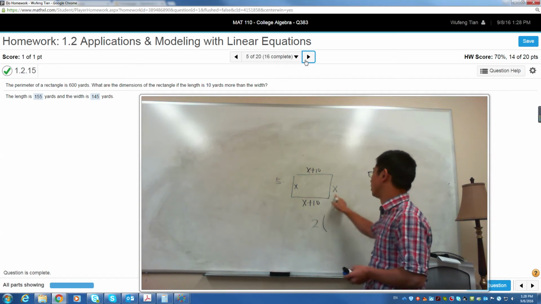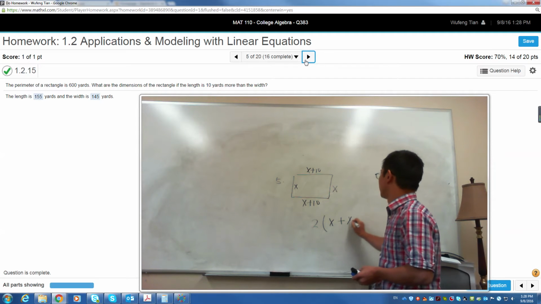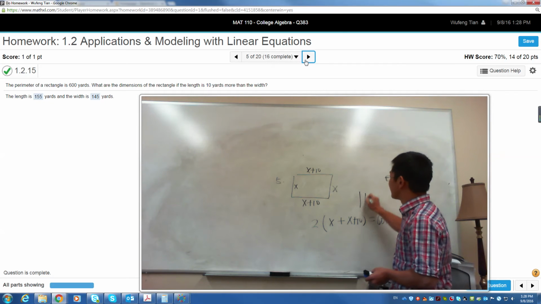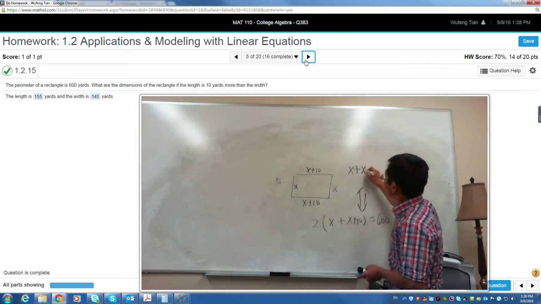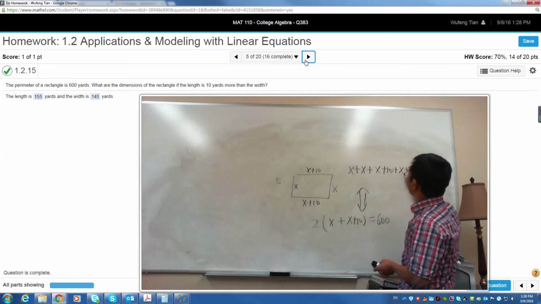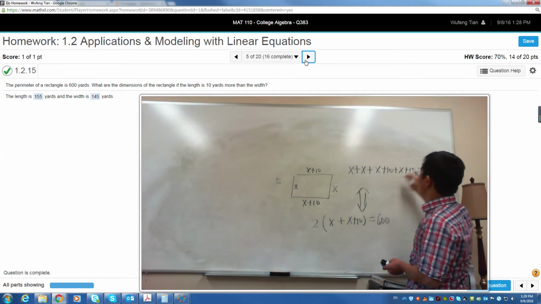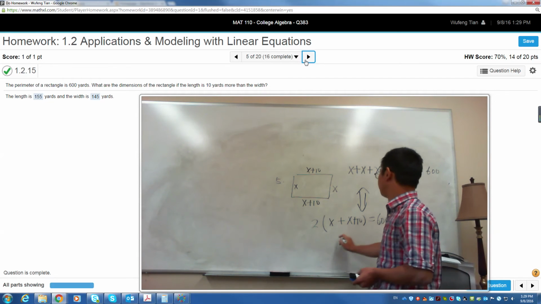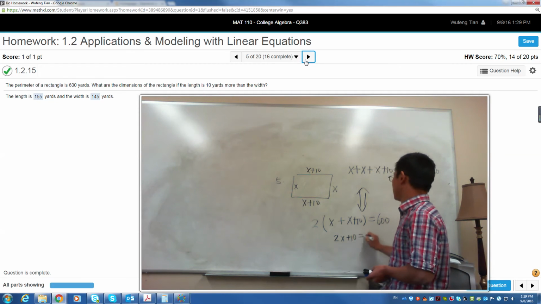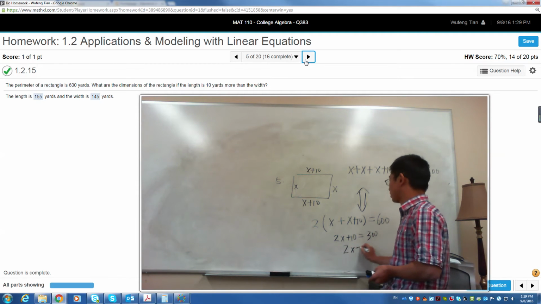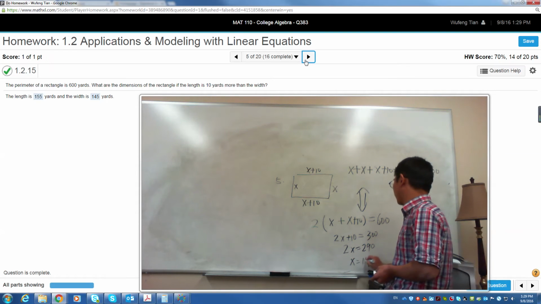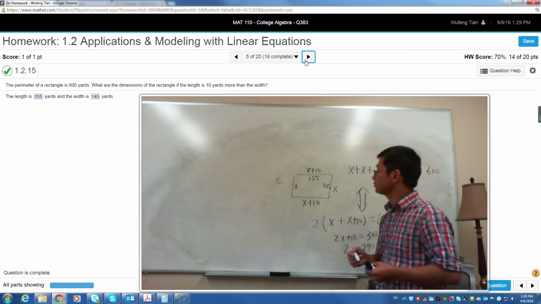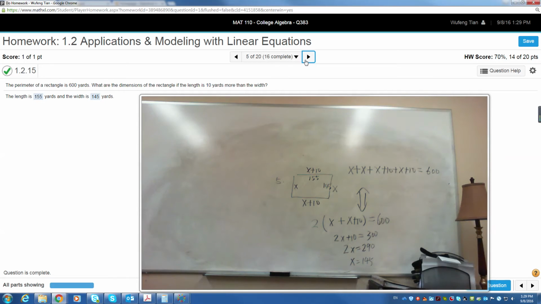It's basically double the length plus double the width equals 600. Or this is exactly the same as x plus x plus x plus 10 plus x plus 10 equals 600. These two equations are exactly the same. You solve for x: 2x plus 10 equals 300, 2x equals 290, and x equals 145. So this is 145, this is 155. This is how you solve number 5.